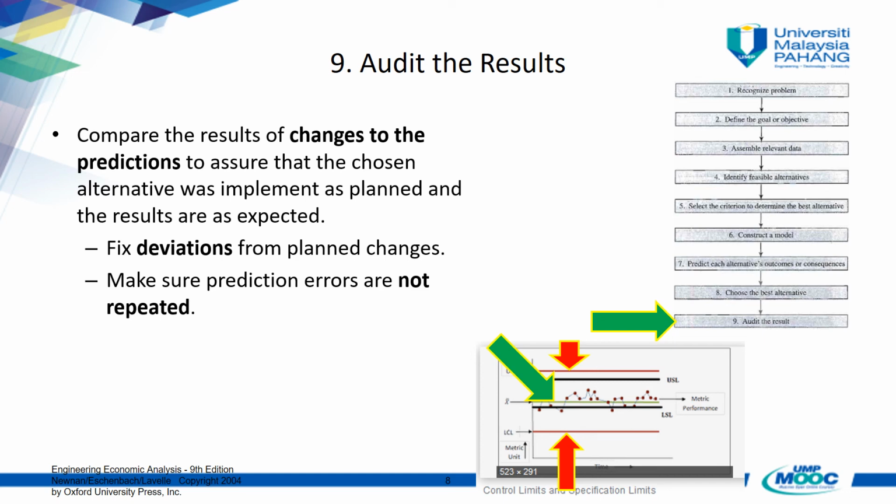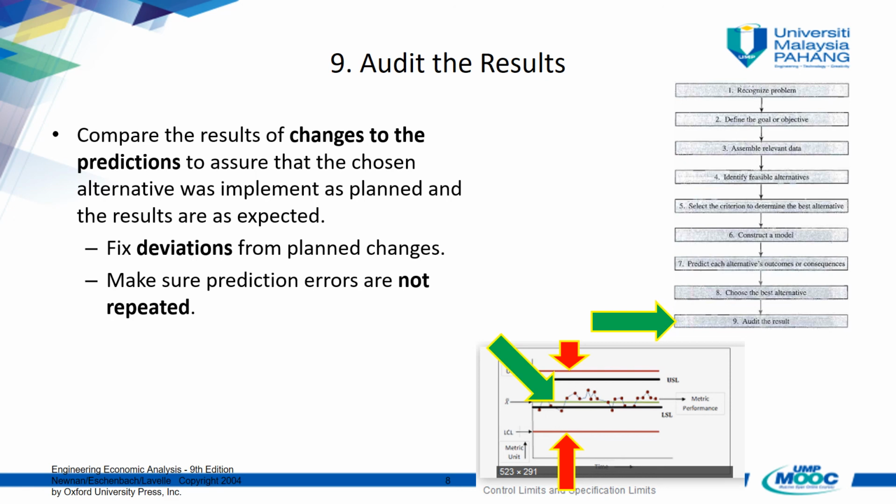We expect that we can control at the black zone there. However, during the processing, our new upper control limit and lower control limit become the red zones there. So now we know we are in a problem because our deviation is much more compared to our predictions.